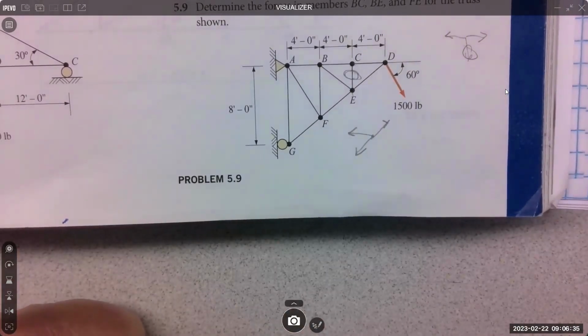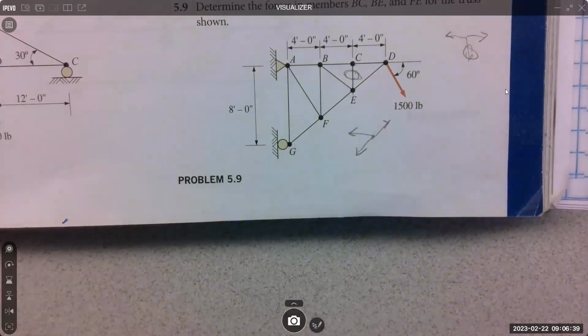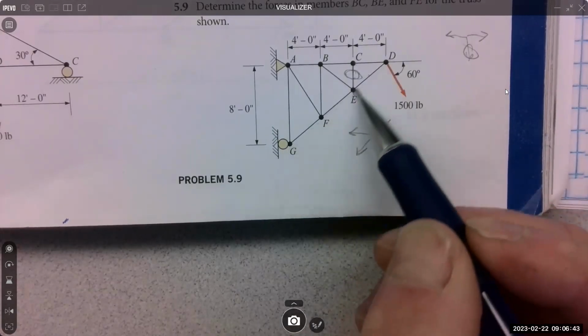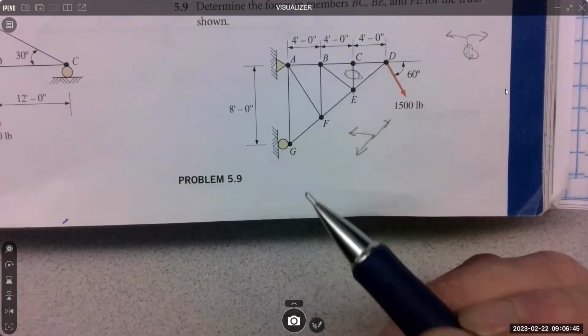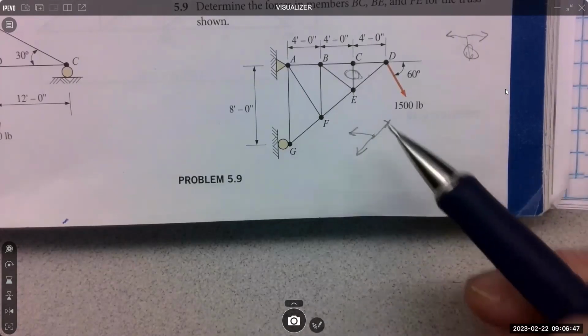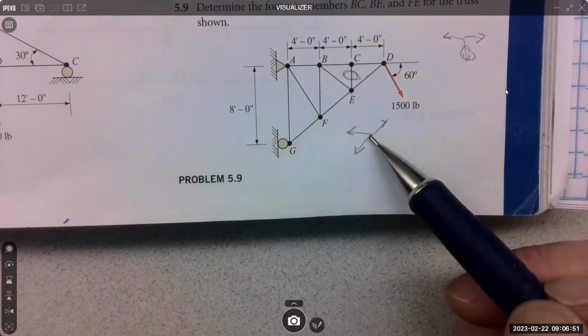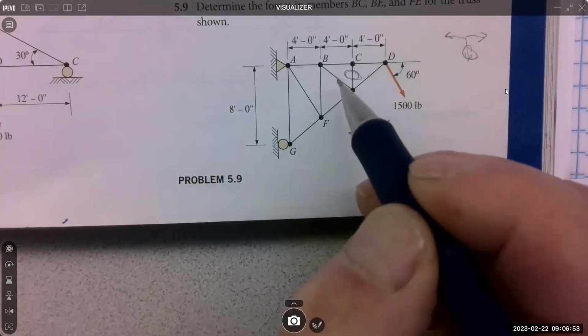It's a T, that last one I showed you. Are these two in line? Is this whole thing in line? Yeah. So now at E, which one's zero? BE.